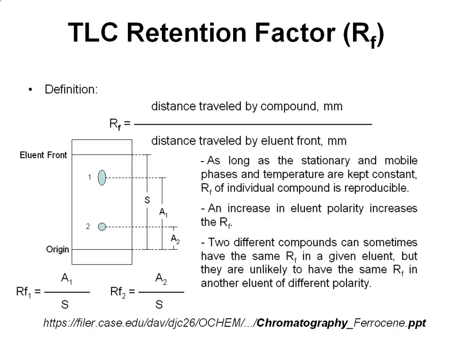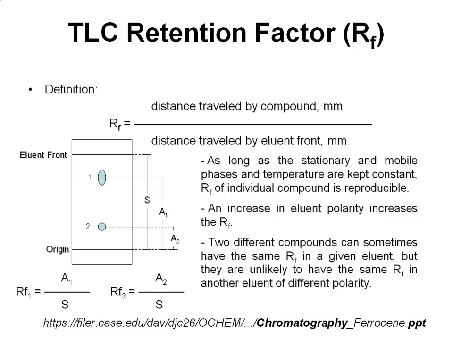Okay, next you're going to run a TLC plate, and one of the main reasons for running a TLC plate is to get a retention factor, and the retention factor is just a measure of how far up the components of your reaction mixture move. And this is actually a reproducible measurement of a physical property. As long as your stationary and mobile phases and temperature are constant, the Rf of individual compounds are reproducible.